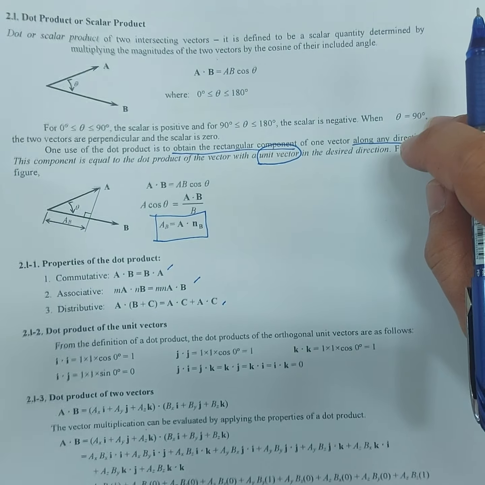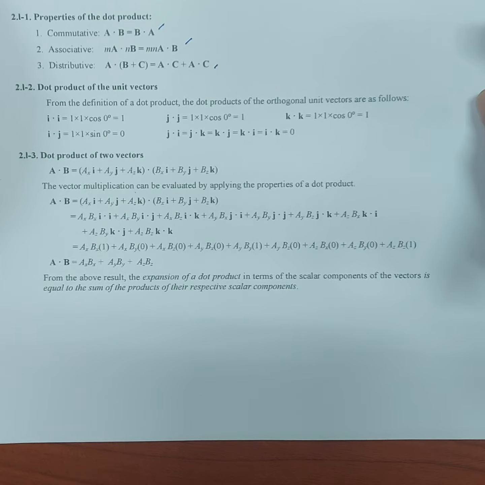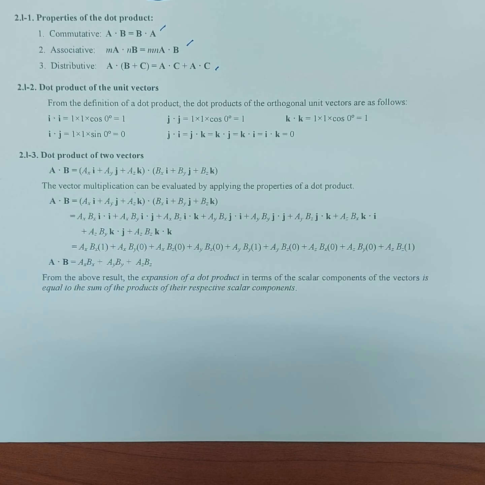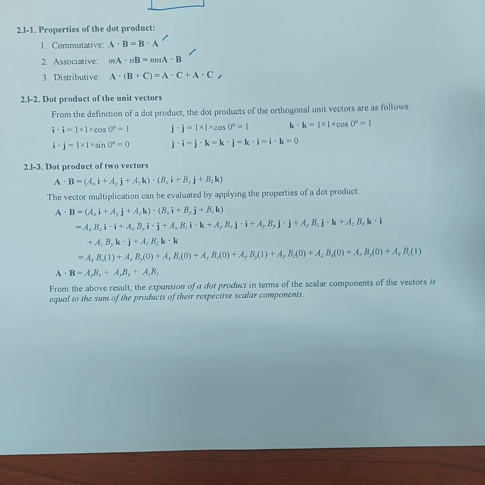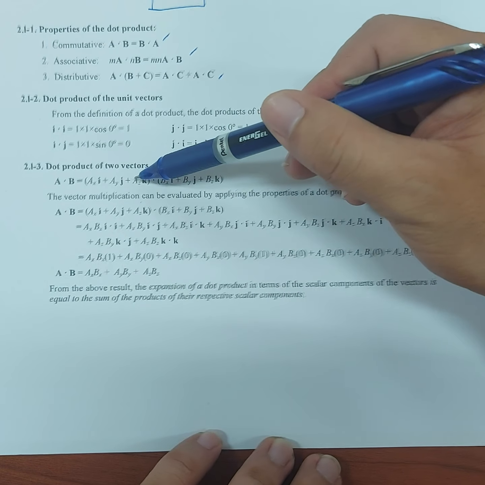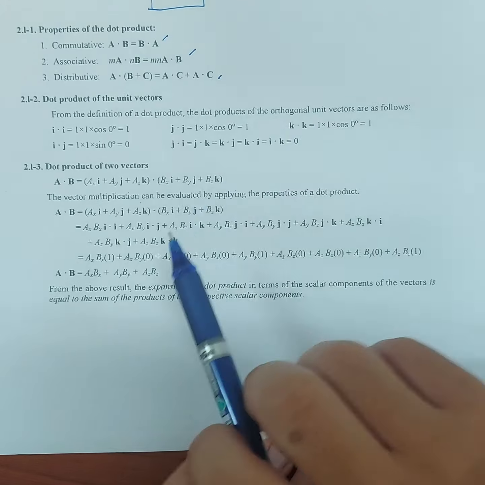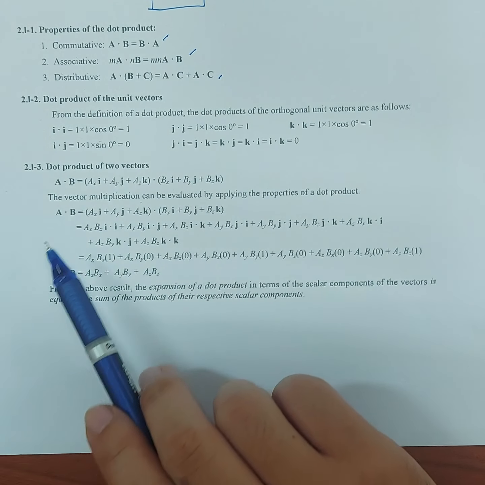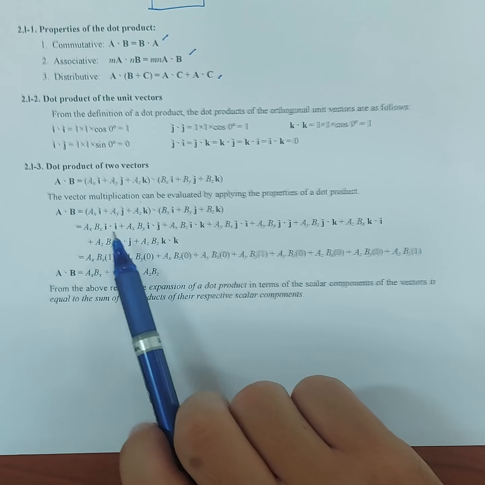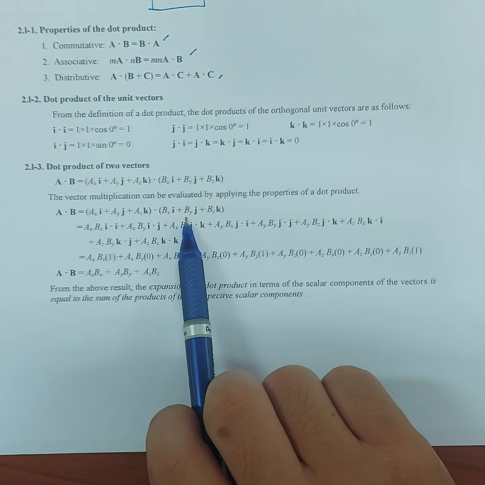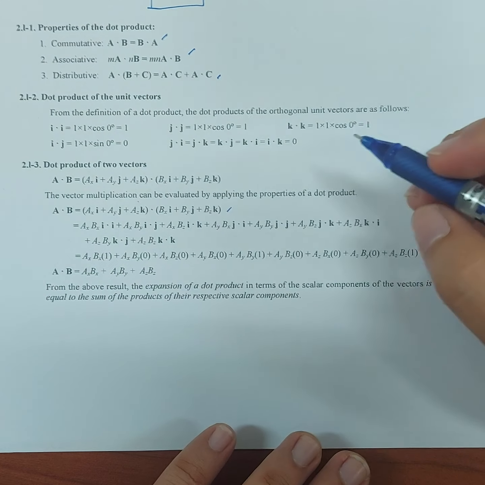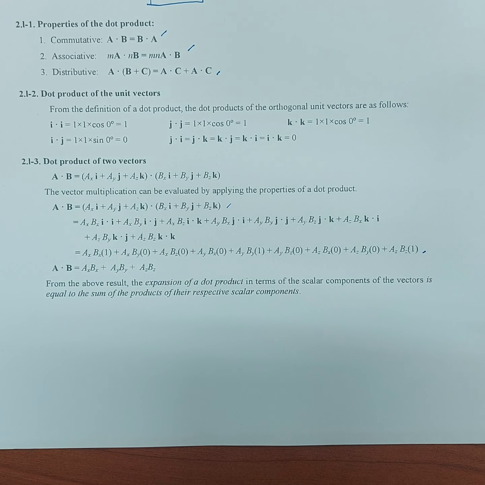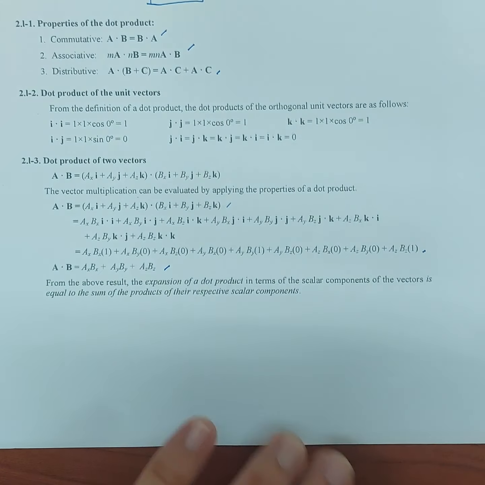Now take the dot product of two vectors, for example vectors A and B. Vectors A and B are expressed in their Cartesian vector forms, and this is their expression in terms of Cartesian vectors. When we multiply the two vectors A and B, this is the expansion, where the like terms are grouped together. We end up with this particular equation.